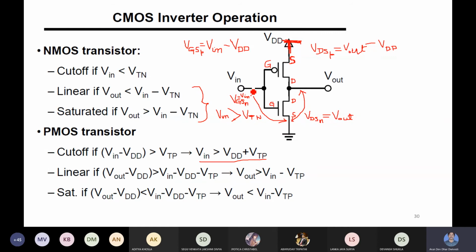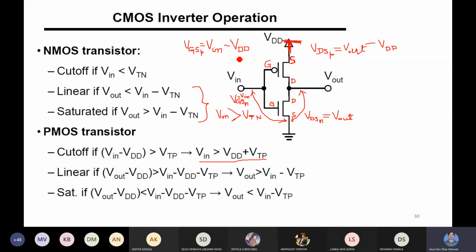So the difference between VG and VS is VGS, which is equal to Vin. Also, the input voltage for the PMOS we can consider between the gate and the source. Because the source is already connected to VDD and the gate is given Vin, the difference between these two is VGSP.